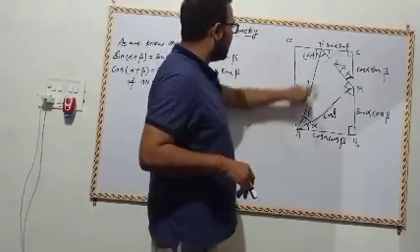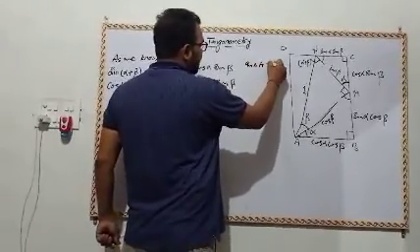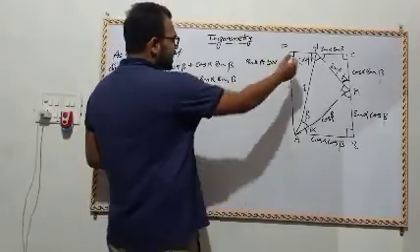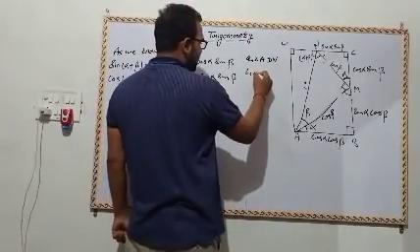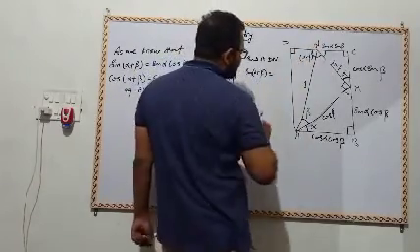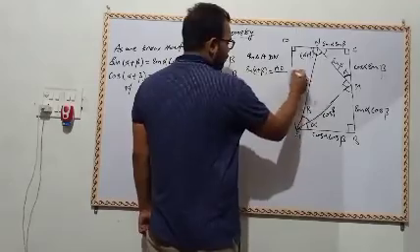In triangle ADN, D is 90. So we will take sin(alpha plus beta). Sin(alpha plus beta) means perpendicular AD by hypotenuse 1.